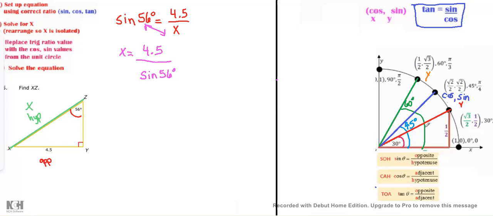I'm going to try to bring in my calculator. Hey, I think I did it. I hope this is working. If not, I'll have to fix that. So what we have to type in here is that equation that we had, and it was 4.5 divided by the sine of 56. It's going to be a fraction, so let me show you.